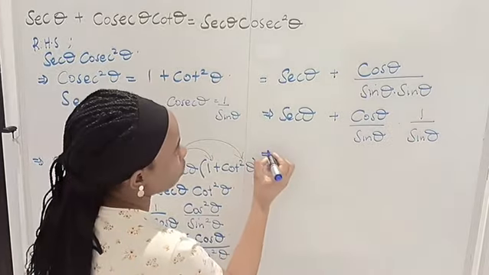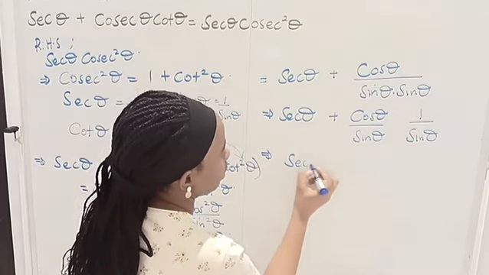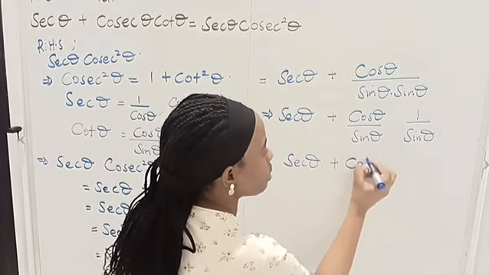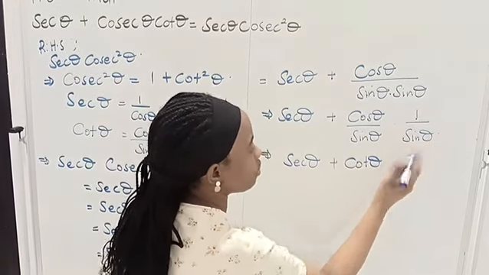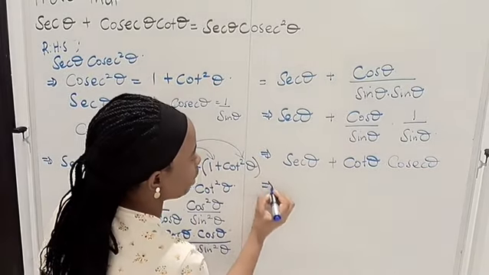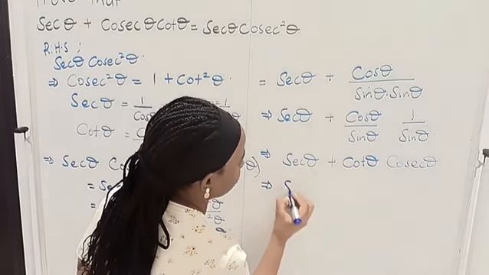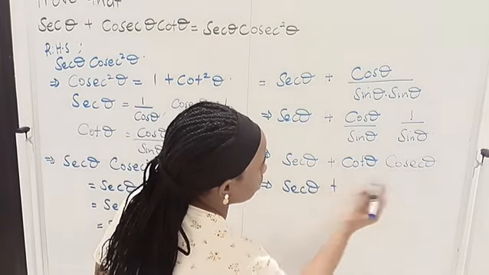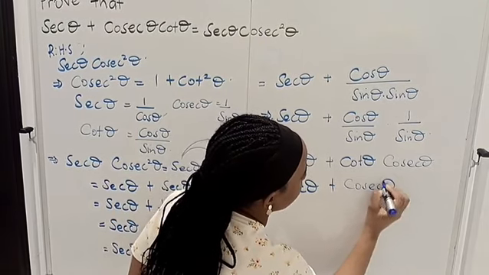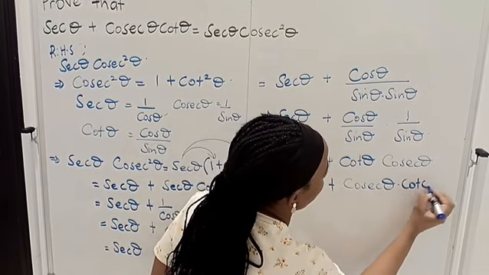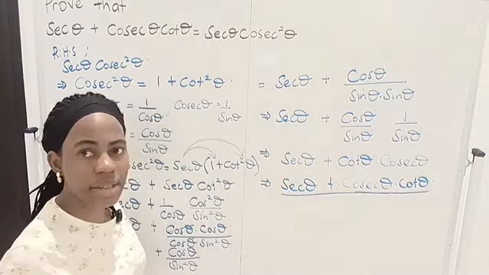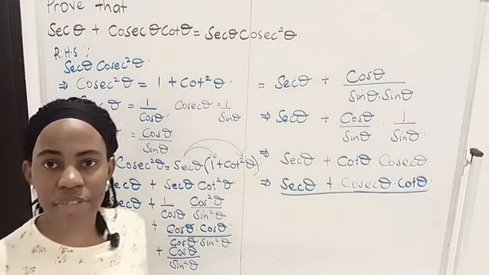So this is equal to sec theta plus cos out of sine, which is cot theta, and 1 out of sine, which is cosec theta. So I'm going to rewrite it like this: sec theta plus, I want to start with cosec, that is cosec theta cot theta. So we have proved the left hand side as required. Thank you so much for watching.